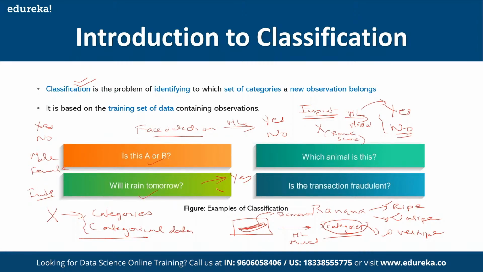The answer will be yes or no. Which animal is this? We will have to define the number of animals. So it may be a tiger, lion, or a cat, or a dog, 4 categories we have defined. Is the transaction fraudulent? Yes or no. Such kinds of problems are known as classification problems in machine learning.